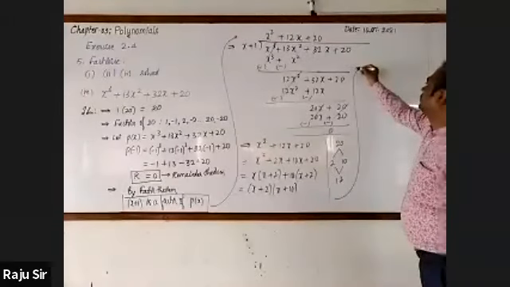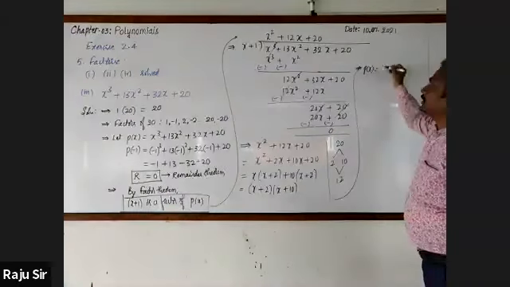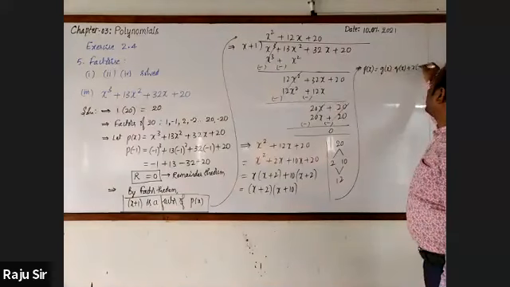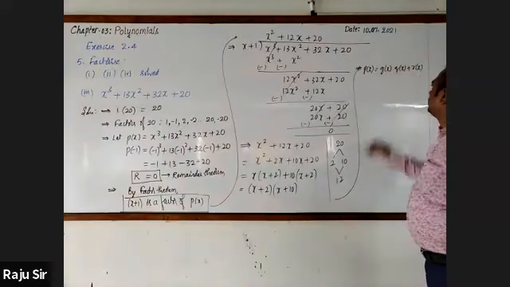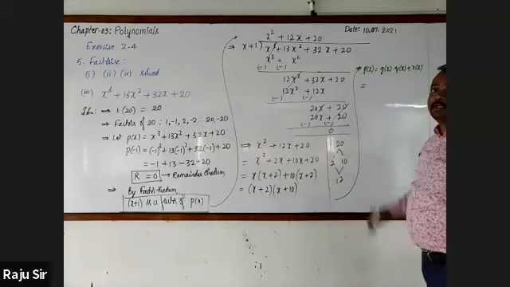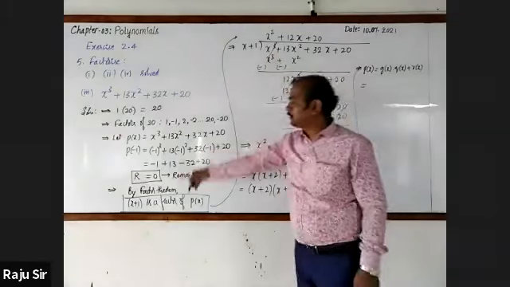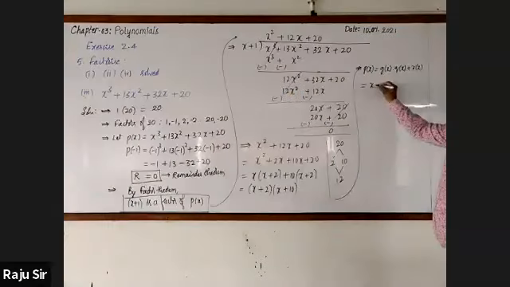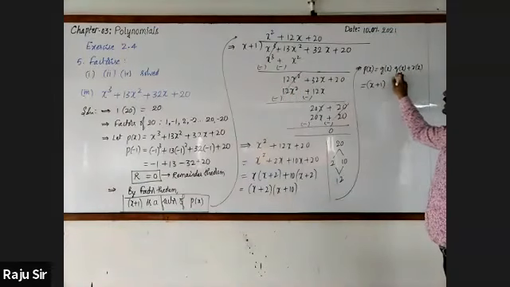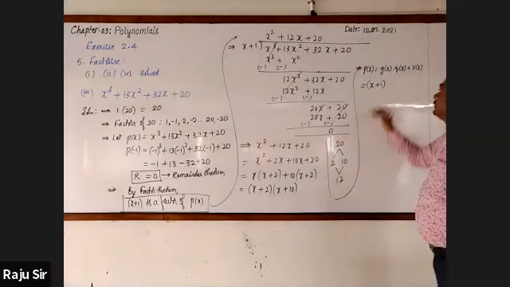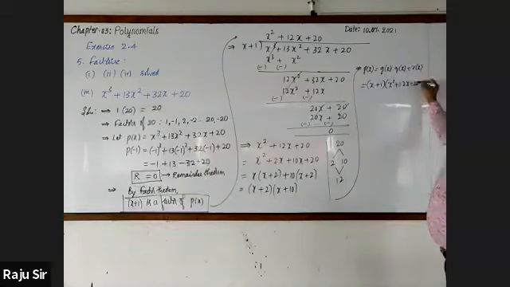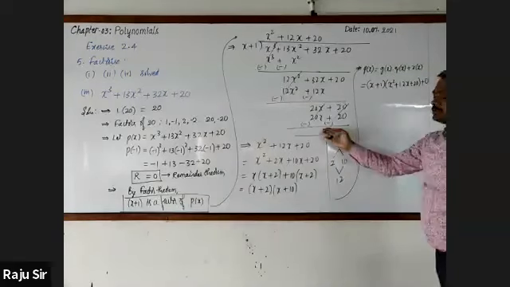We all know that P of x is equal to g of x into Q of x plus R of x, where g of x, already we have got one factor. This is x plus 1 into Q of x, which is x square plus 12x plus 20, whereas the remainder is 0.